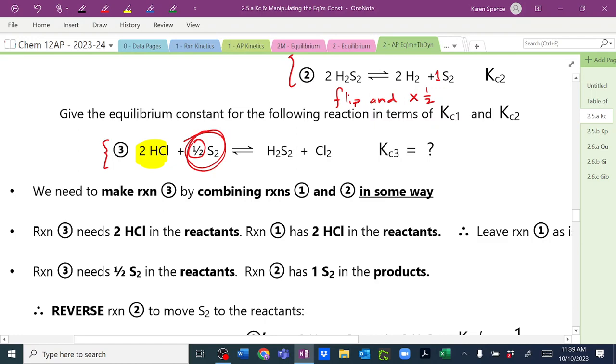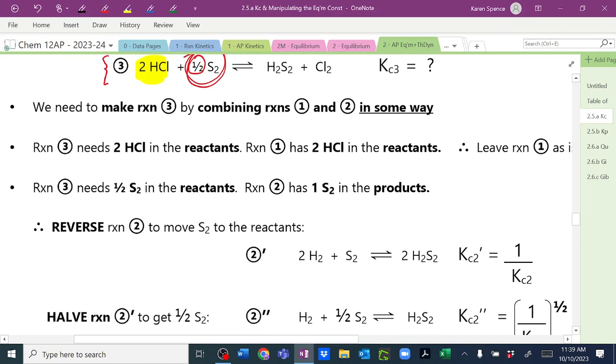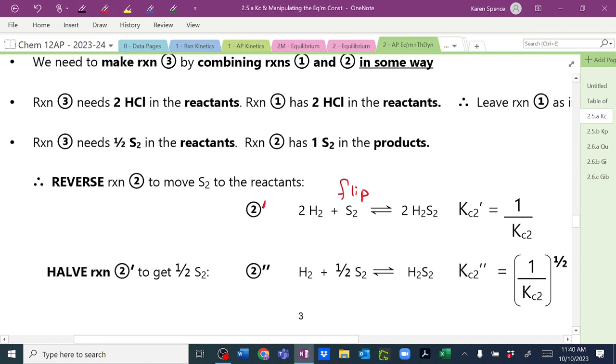So looking at those steps, reaction 2, we flip it. So we call this 2 prime. Okay, we have flipped it, and because we've flipped it, KC2 prime is now equal to 1 over KC2.